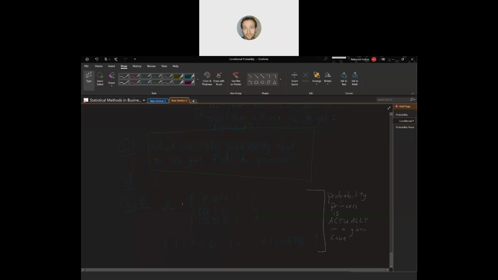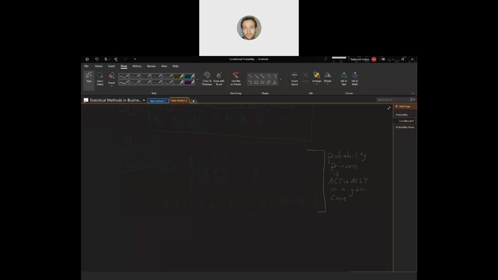It doesn't say anything about the knight or what the knight chooses. So there's 2 ways we could go about this. We could make a big probability space that has all 4 characters together.